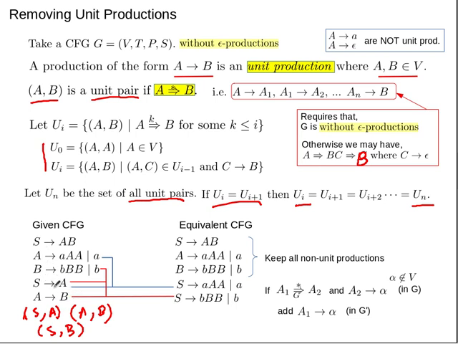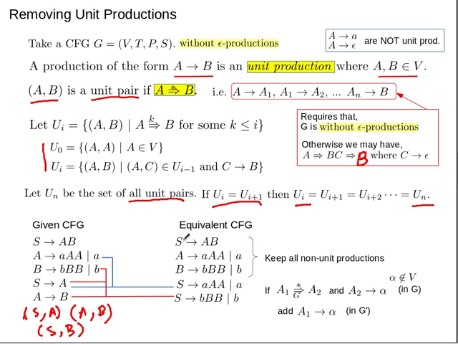So if we are deriving anything from S and we use this production, then this A has to expand into something, and that something is either this thing or this thing according to the production rules. So instead of this two-step process, where this goes to this and then this goes to this, we can directly say that S goes to this or this.